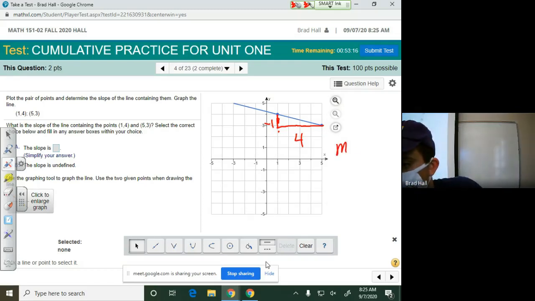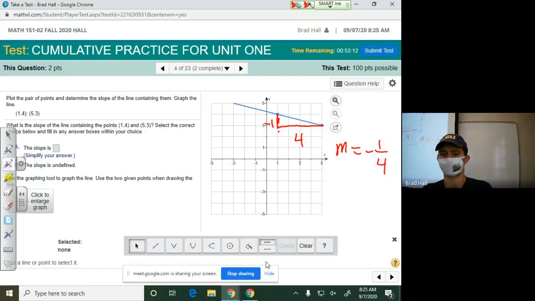So the slope would just be negative 1/4. That's it. Just count it. You can also use the y2 minus y1 divided by x2 minus x1 formula. That's generally for when you don't have a graph, but we do, so this is a little easier.